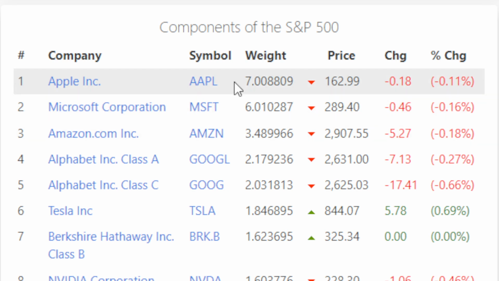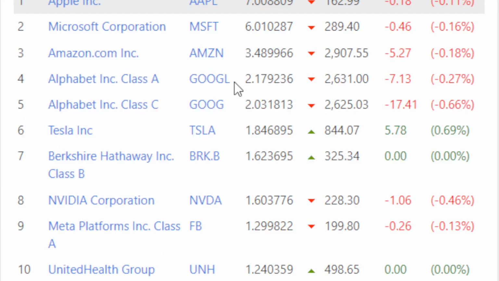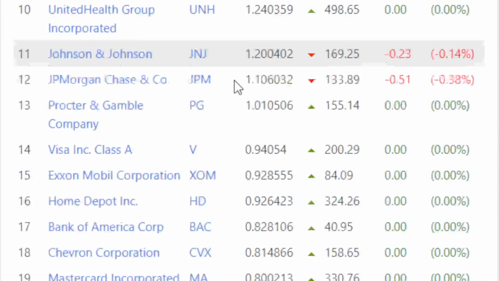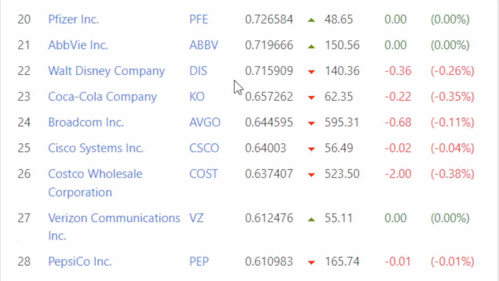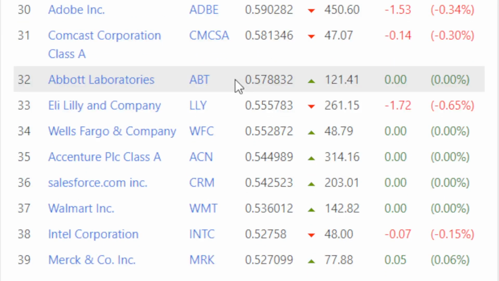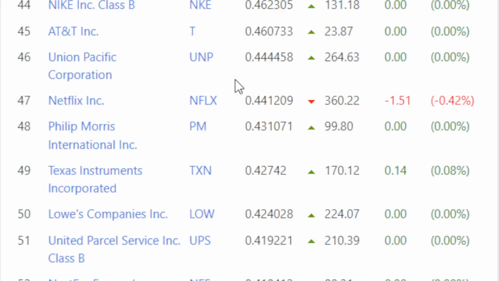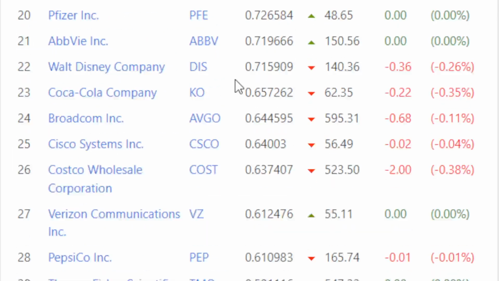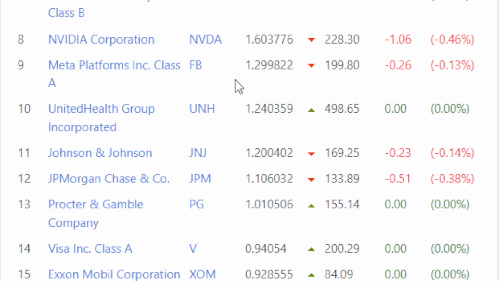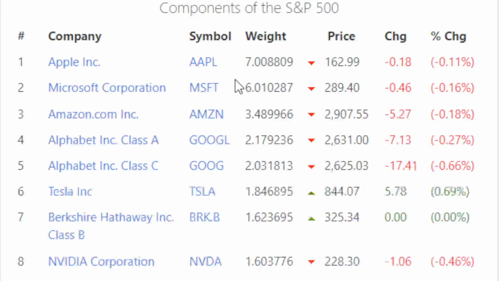Okay, so some of the criteria for the S&P 500. You need to have an $11.8 billion market cap and at least a 10% public float. So let's look at what we have here. Now, a lot of people insist that this is the most accurate barometer of the market across all sectors.